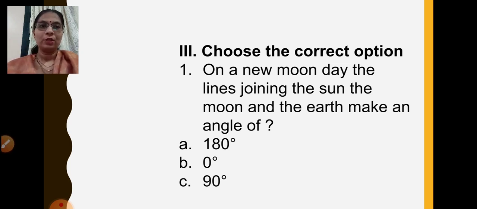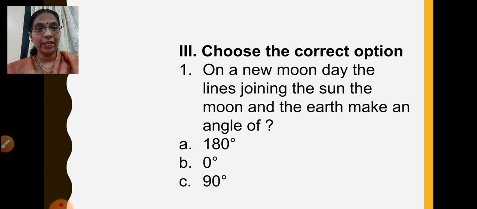So over here, what questions will be asked and you have to pick out the correct answer from that. So on a new moon day, the lines joining the sun, the moon and the earth make an angle of 180 degrees, 0 degrees or 90 degrees.